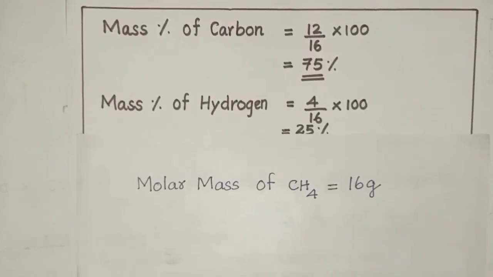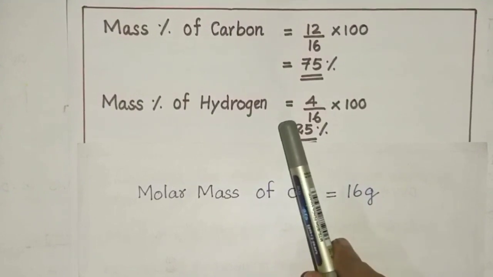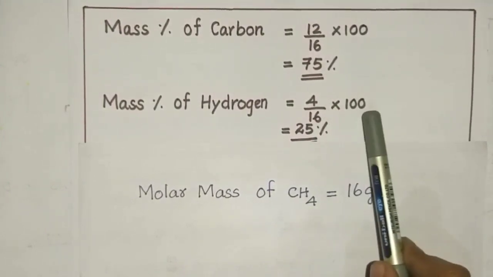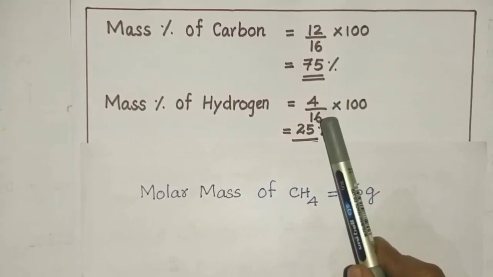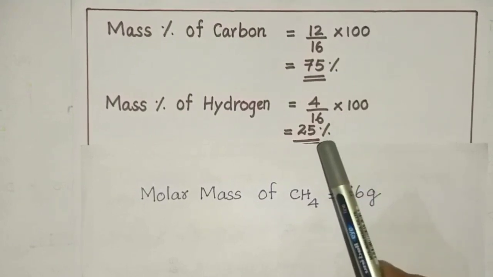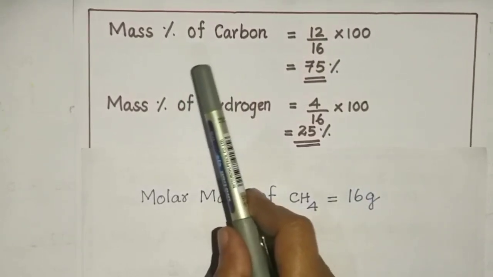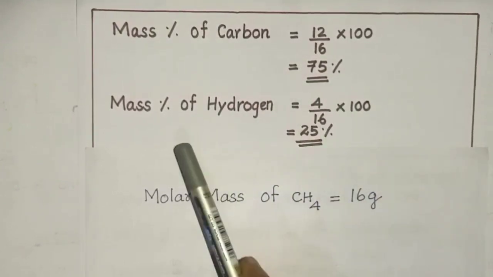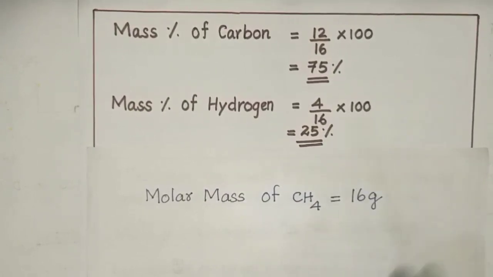Next, you should calculate the mass percentage of hydrogen, which is equal to mass of hydrogen divided by molar mass into 100. Mass of hydrogen is 4, divided by molar mass 16, into 100 equals 25 percentage. Therefore, the answer: mass percentage of carbon is 75 percentage, and mass percentage of hydrogen is 25 percentage.